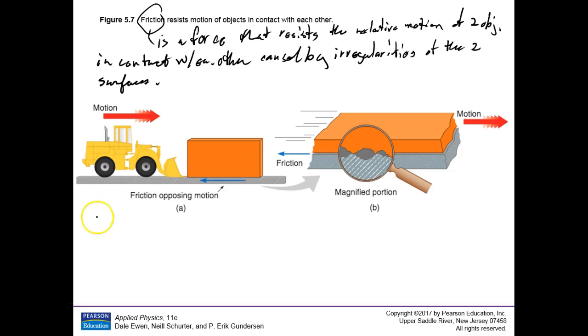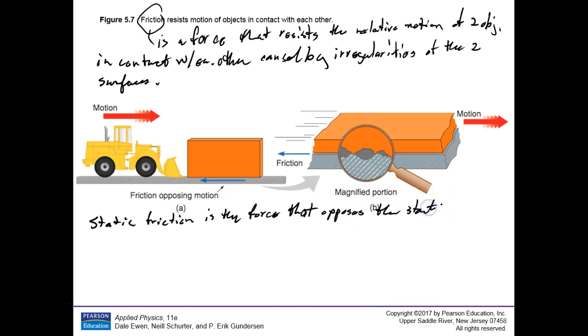Static friction, which I was just mentioning: if this isn't moving, see the front end loader is trying to move, it's pushing, but this is not moving with it, so that static friction is the force that opposes the start of motion.